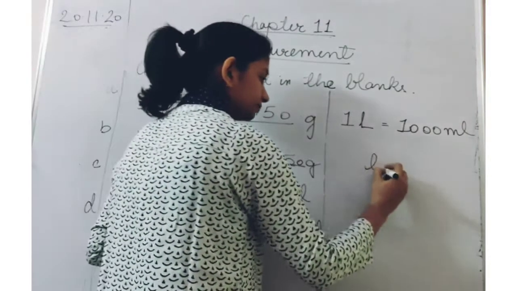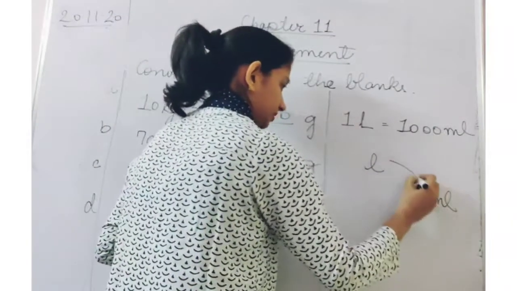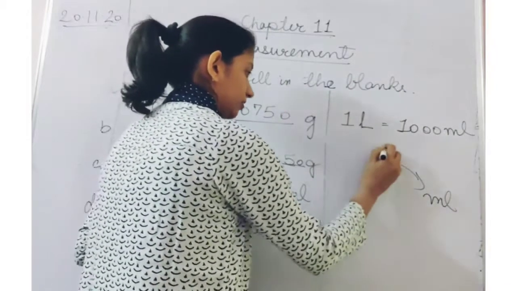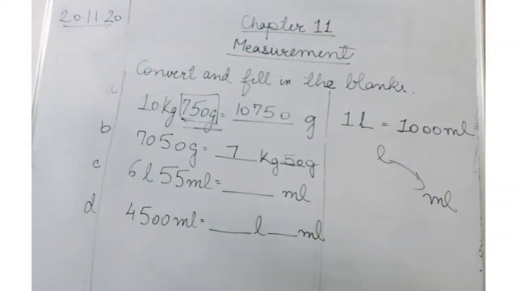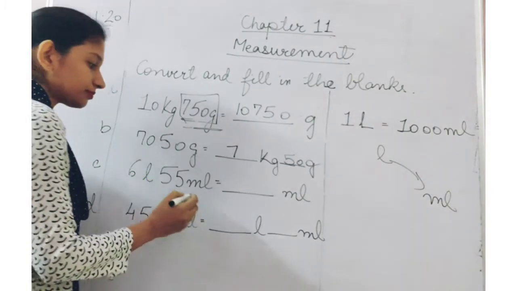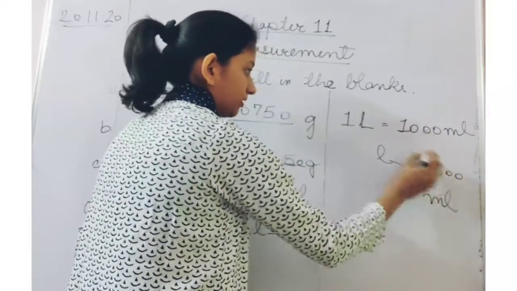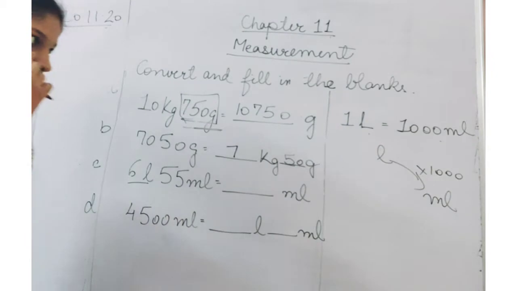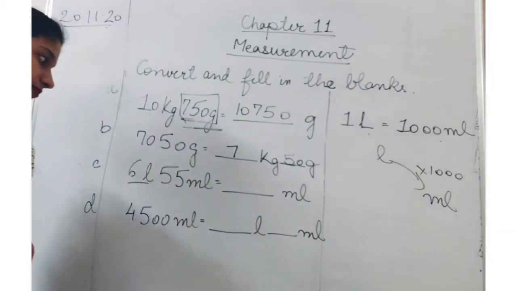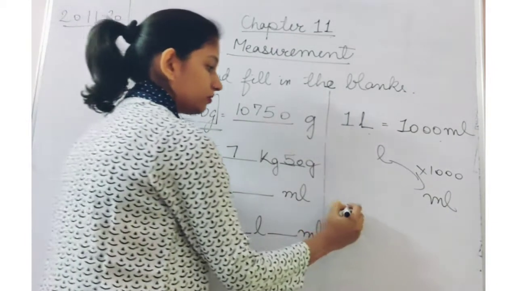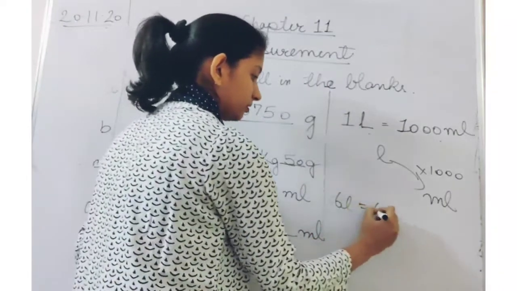Liter to milliliter, again, is going from a bigger unit to a smaller unit. Whenever going from a bigger unit to a smaller unit, always multiply. So 6 liter multiplied by 1000. Why? Because 1 liter equals 1000 milliliter. So 6 liter will be equal to 6000 milliliter.